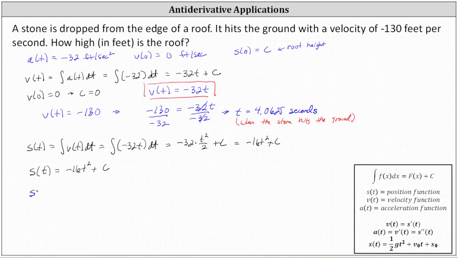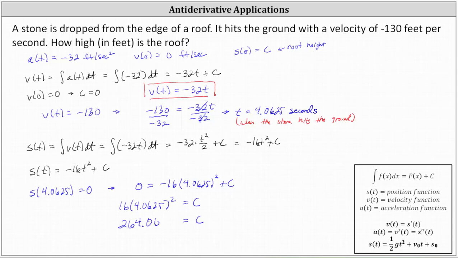So we know that s of 4.0625 must equal 0, which gives us the equation 0 equals negative 16 times the square of 4.0625 plus c, which indicates that c is equal to positive 16 times the square of 4.0625, giving us c equals 264.0625.